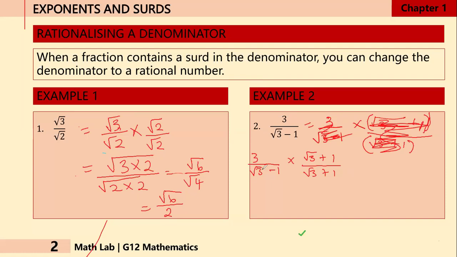You see here it was root 3 minus 1, but here it's root 3 plus 1. So we're trying to reverse this by doing what we are doing now. I hope you understand. Then we move forward.